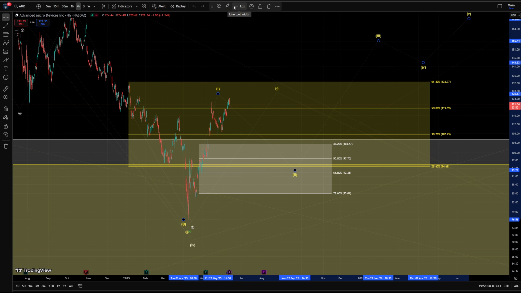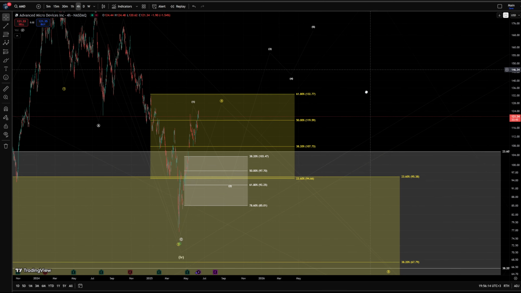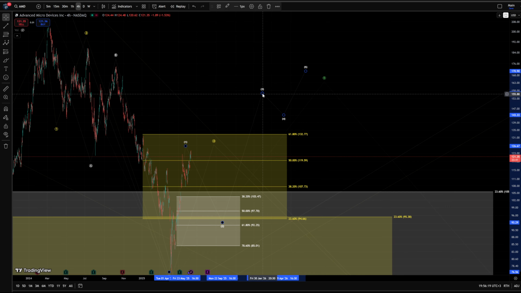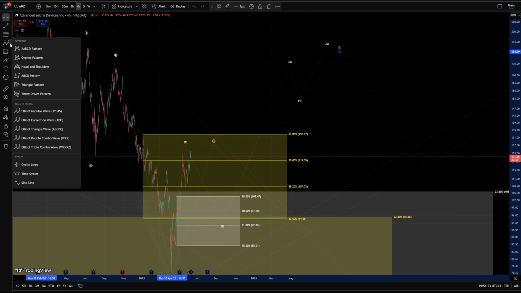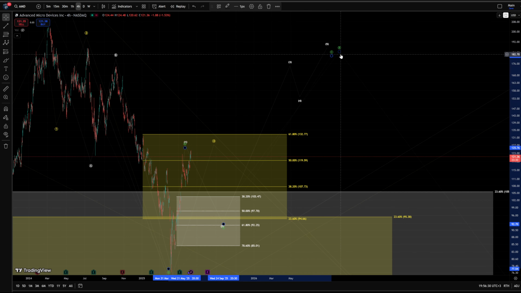And this is going to be a sub-micro white count. And then we can also come here and count for the green count, where instead of having the 5 waves up, we have the A, B, C.